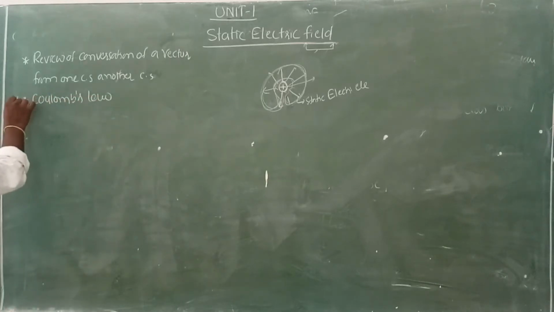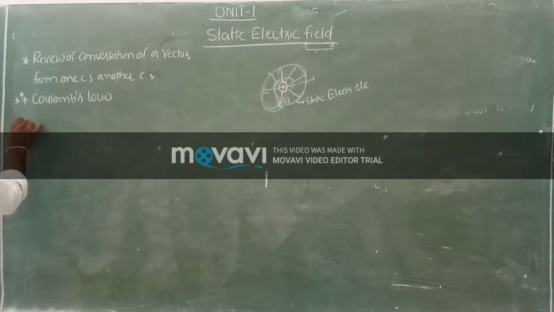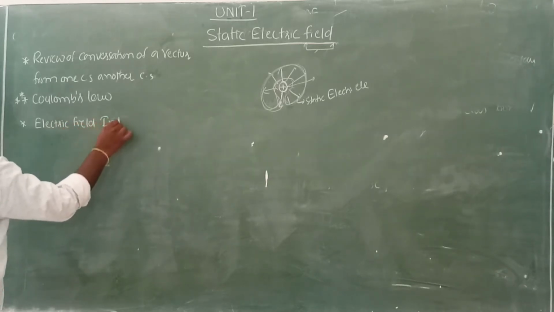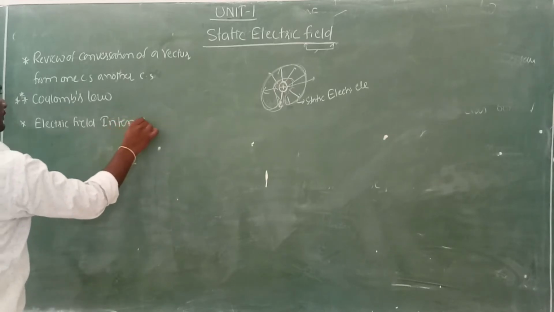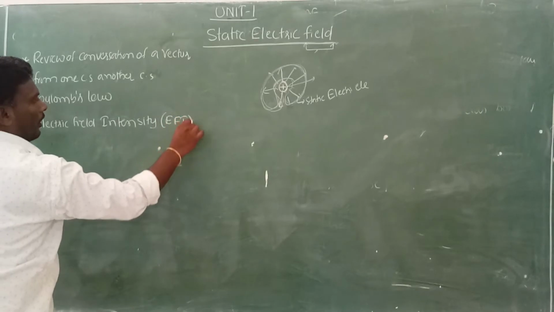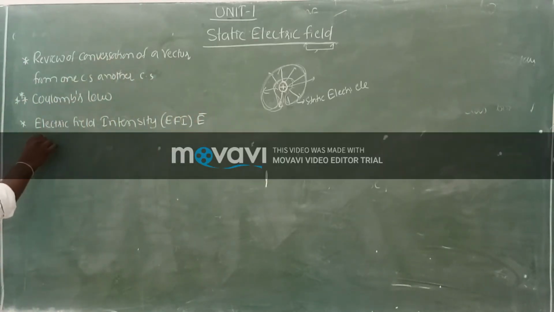It is a very important topic in the first unit. The questions asked in the previous examinations are mainly based on this law. Next is electric field intensity, EFI or E bar. We will study electric field intensity due to different configurations under this topic.